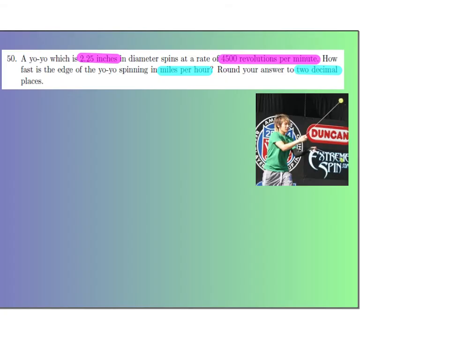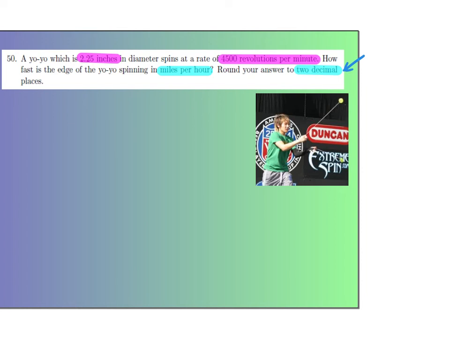It was about coterminal angles, and here's a word, and rotation problems like this one. A yo-yo, which is 2.25 inches in diameter, spins at a rate of, how fast is it spinning in miles per hour? And don't even bother to get the decimal places.